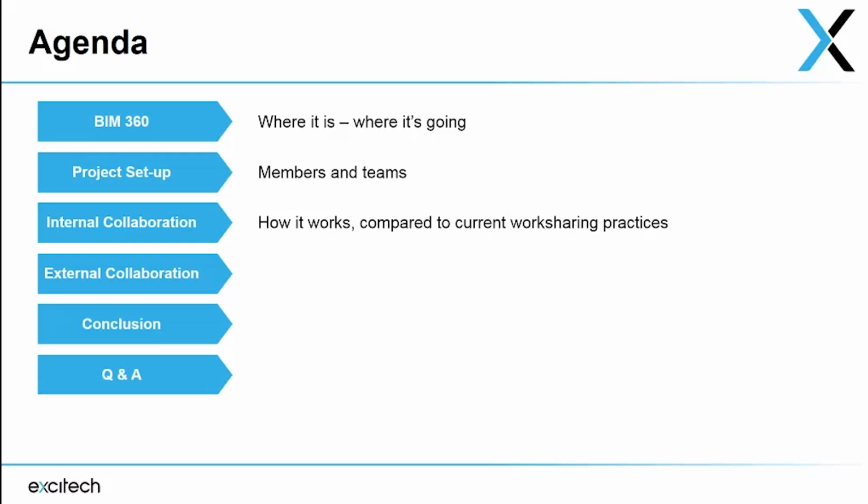And then we'll look at internal collaboration, comparison about how this compares to our current practices. We'll look at external collaboration and some of the improvements that this offering brings with it over our current workflows. And we'll have some closing comments, just a summing up of what we've seen. And then we'll have a Q&A session at the end.